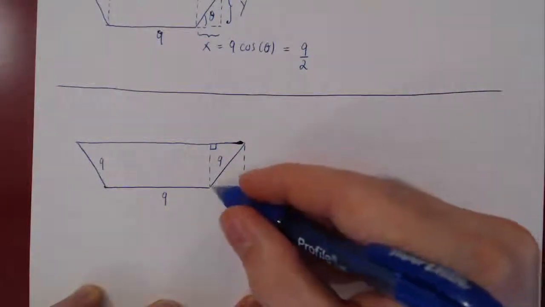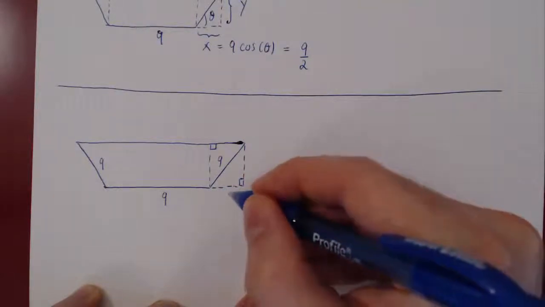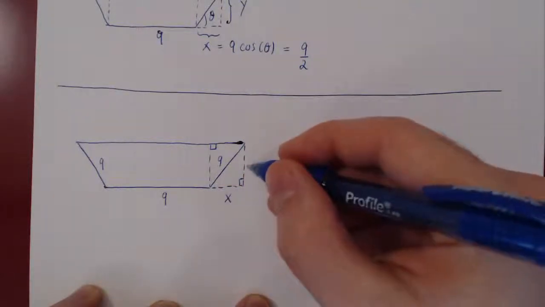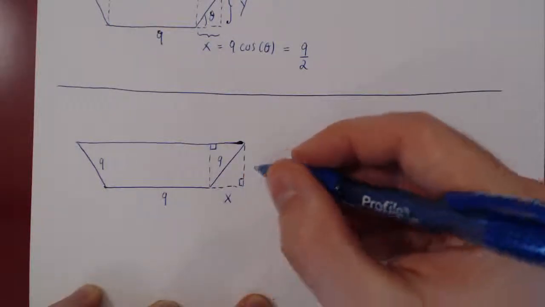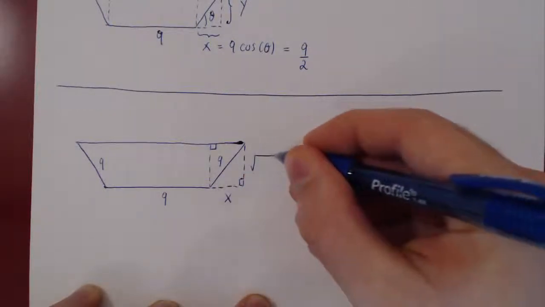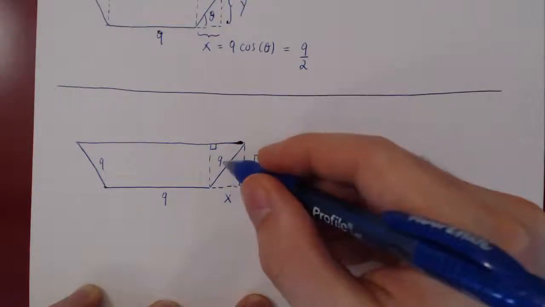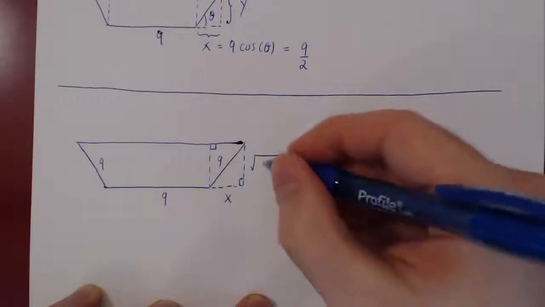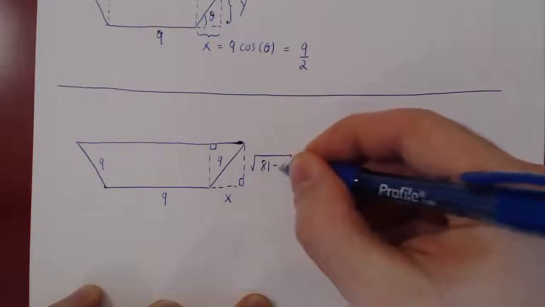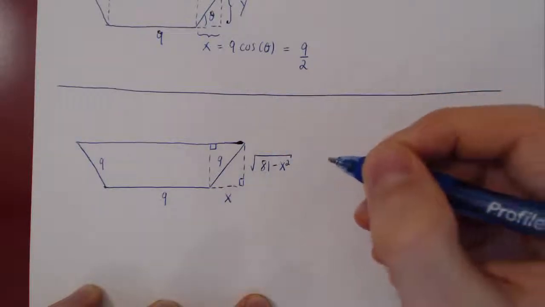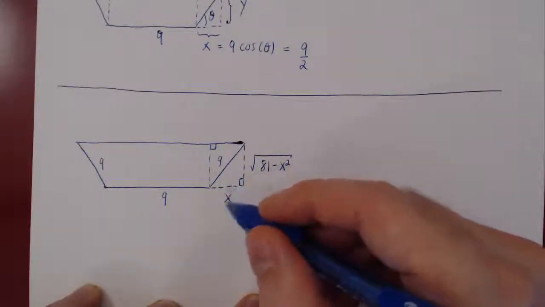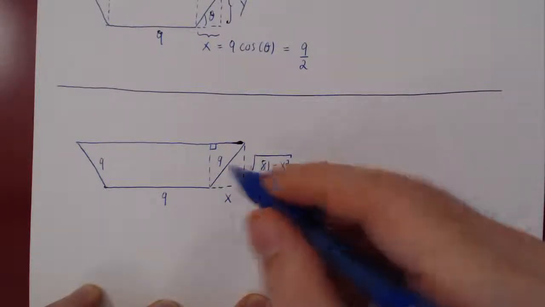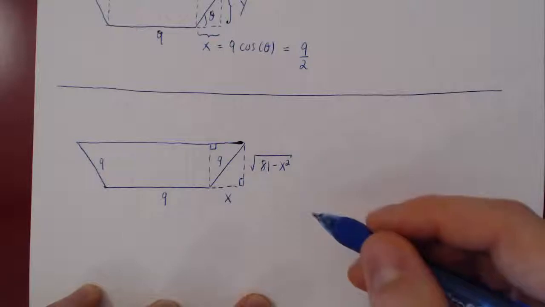Well, you can call the length of this segment x. This we called y, but if we use Pythagoras' theorem, this will be the root of 9 squared minus x squared, so 81 minus x squared. By Pythagoras' theorem, if you prefer, this squared plus this squared is clearly 9 squared, which is 81.